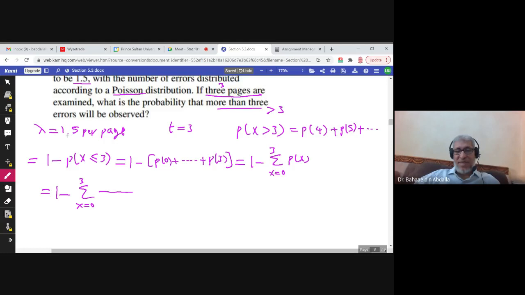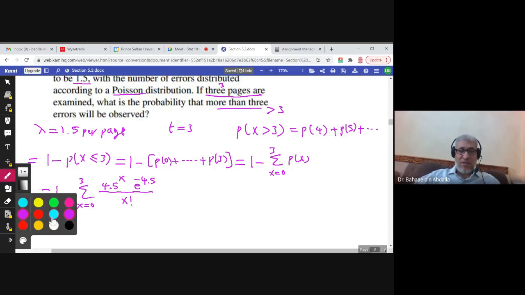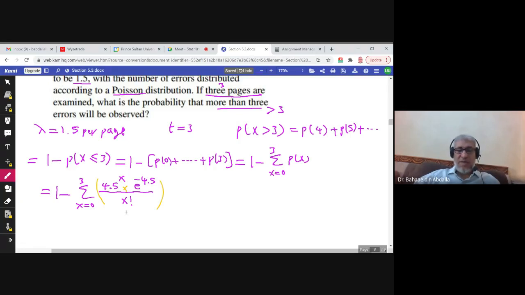Lambda times t is 3 times 1.5, which is 4.5, so 4.5 to the power x times e to the power negative 4.5 over x factorial. In the calculator, don't forget to put times here, and there are parentheses here. Then you take 1 minus this summation.